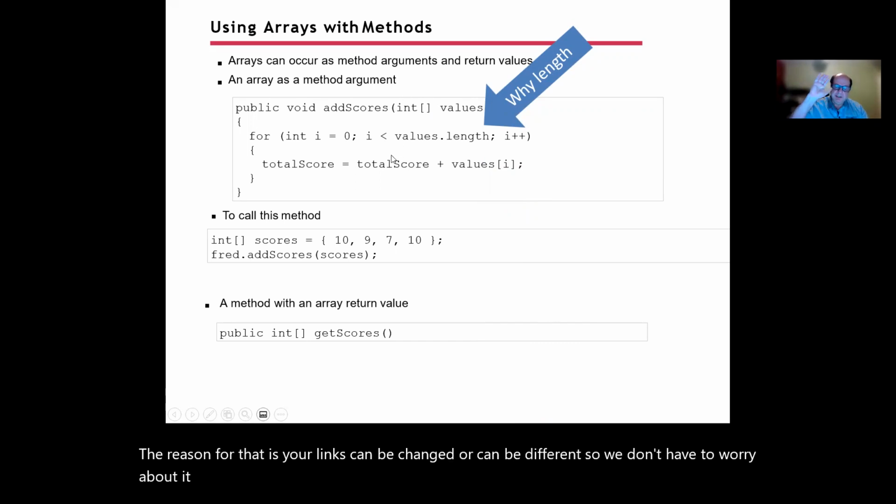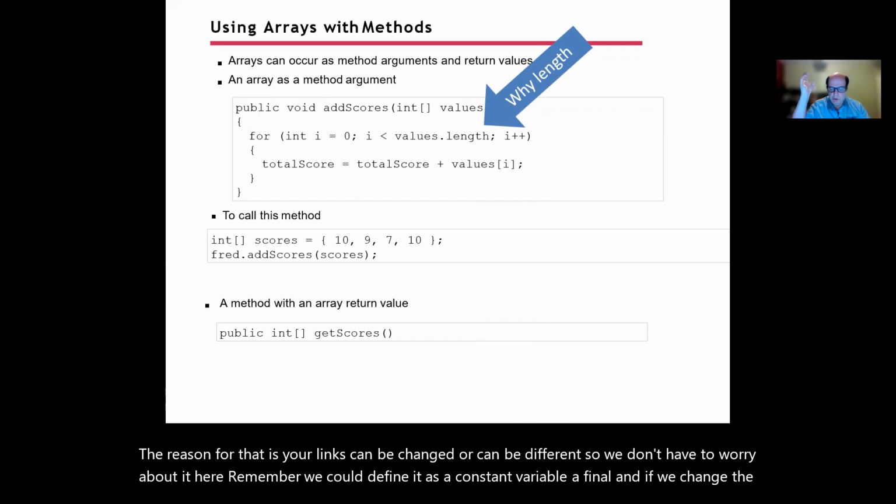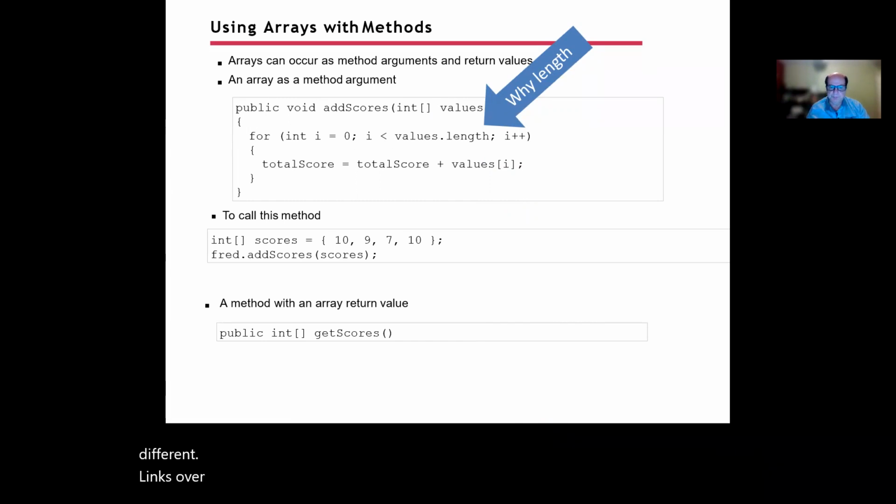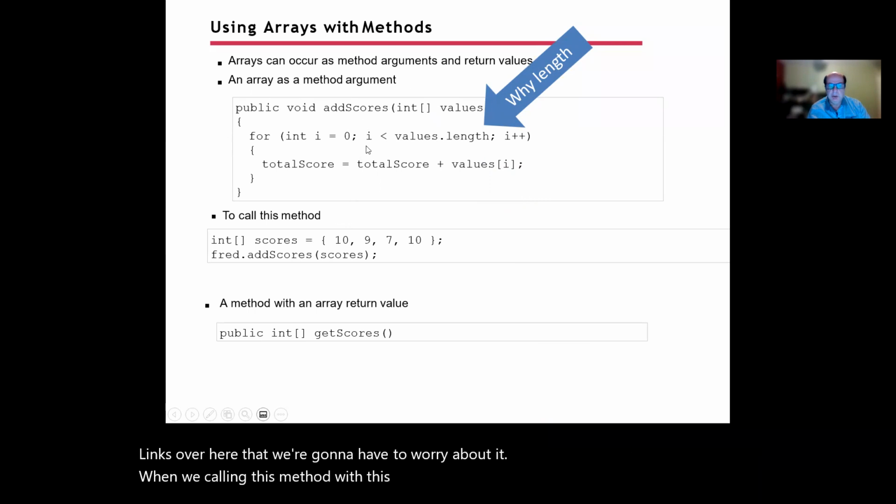Remember, we could define it as a constant variable, a final, and if we change the final, then it's going to change the size of our array, and we're going to have a different length over here that we don't have to worry about. So when we call this method with this score, it's going to do the total and return it.